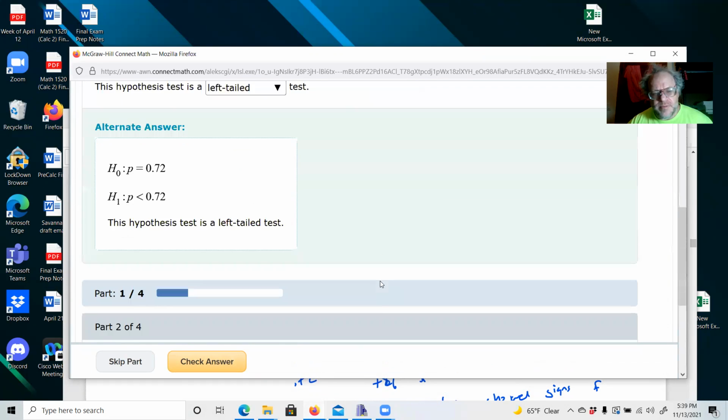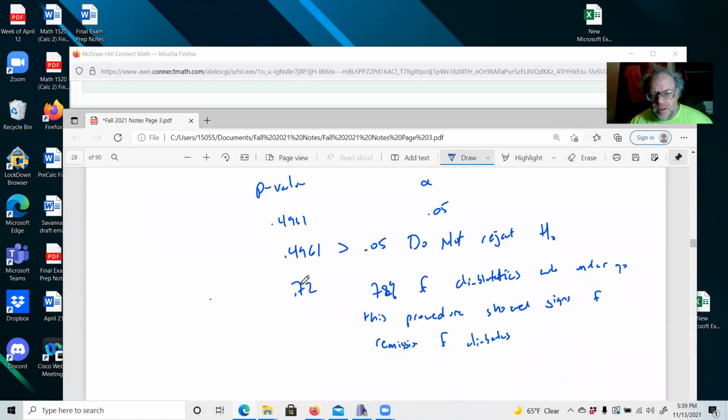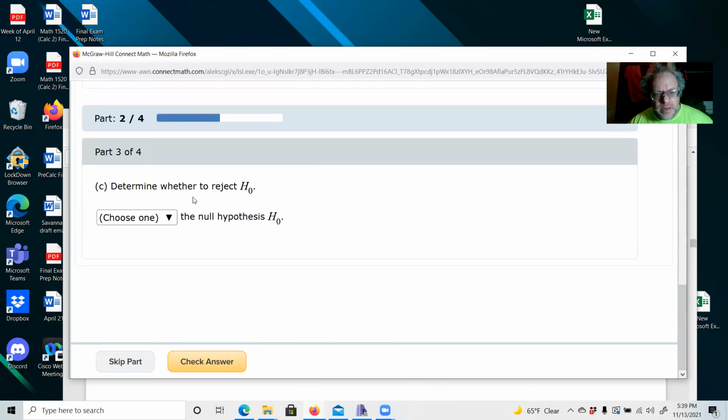Compute the p-value. That was our p-value, 0.4961. So we do not reject the null hypothesis.